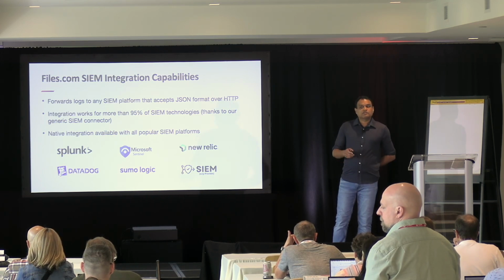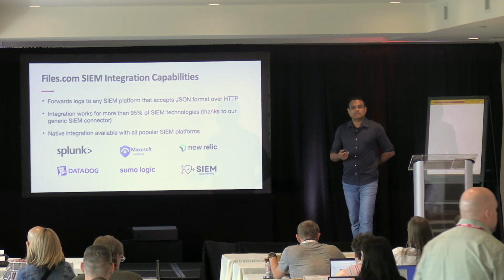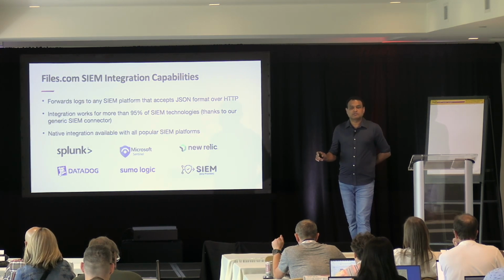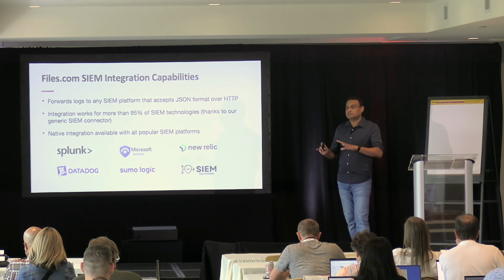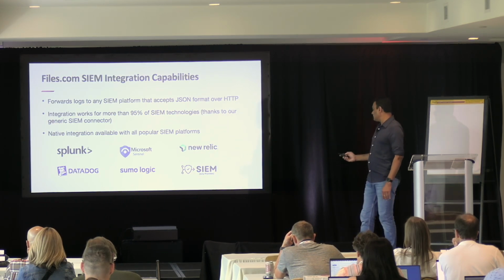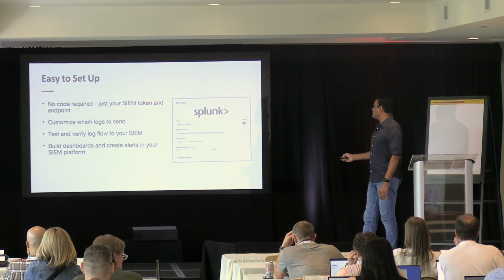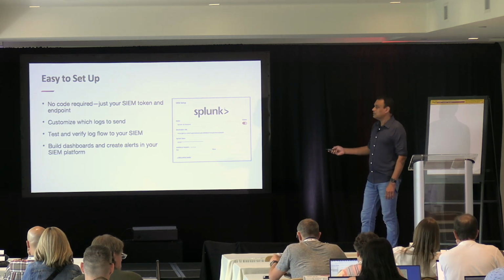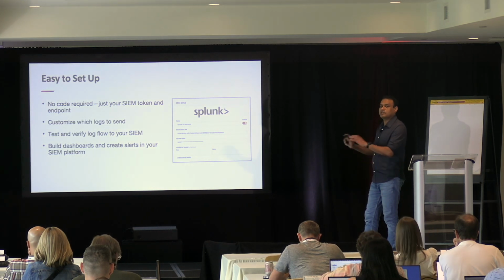If CrowdStrike can accept files on an HTTP endpoint, we can forward. You provide valid connections, and as long as the system is reachable with this destination URL and token, whether it's CrowdStrike or something else, we start sending it.